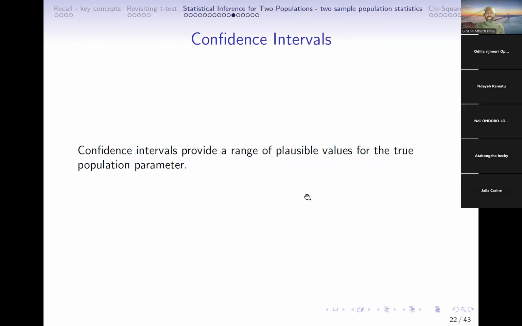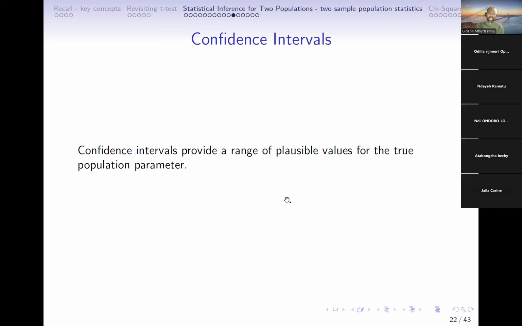So confidence intervals are one of the things we discussed. And we said confidence intervals provide a range of plausible values for the true population parameter. I don't know if this makes sense to any of you, but what we mean to say here is that the confidence interval is called an interval, and we are saying that with a certain statistical chance, the true parameter that we're trying to measure lies within that interval.